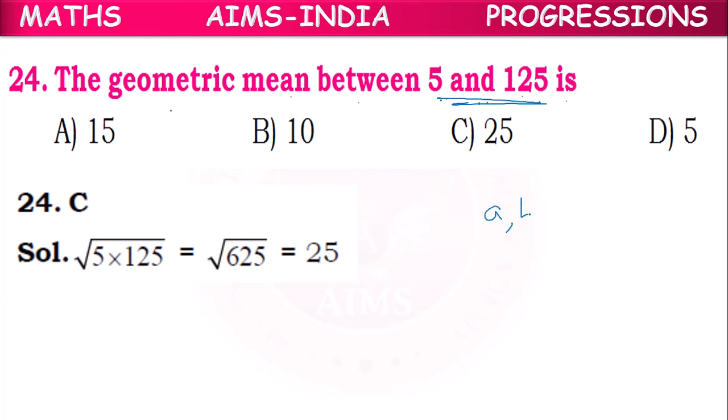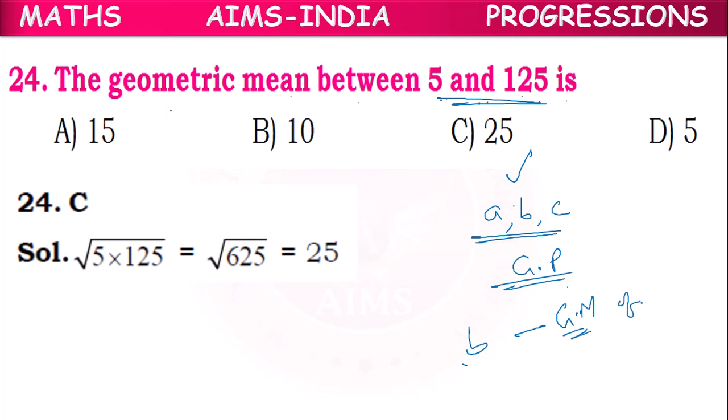If A, B, C are 3 terms in geometric progression, then B is considered the geometric mean of A and C, and the formula of B is given by root of AC. When we have only 3 terms in GP, the middle term is considered the geometric mean of the remaining 2 terms, which can be calculated using the formula B equals root of AC.